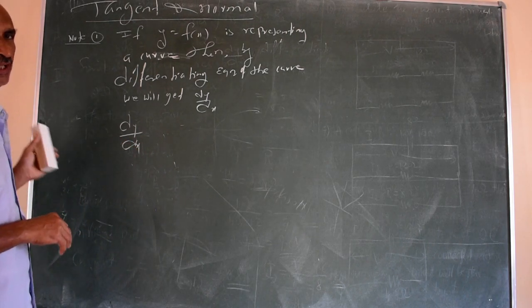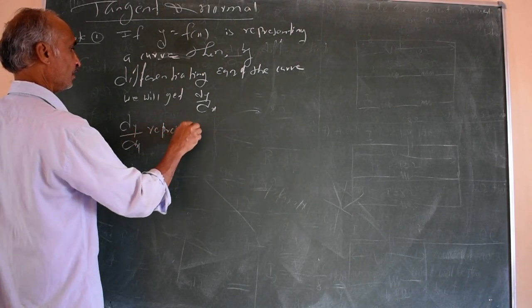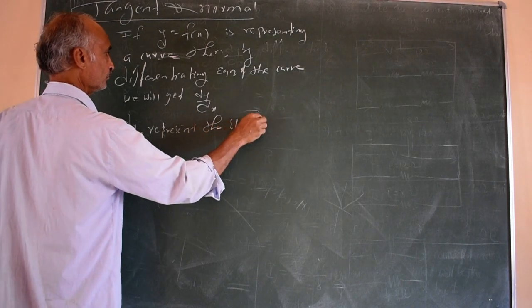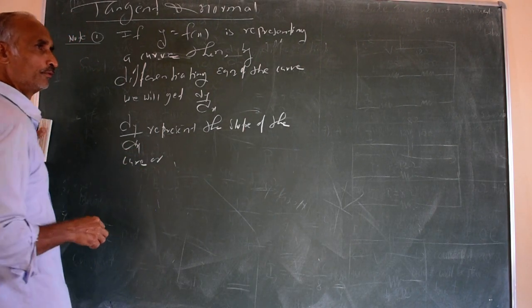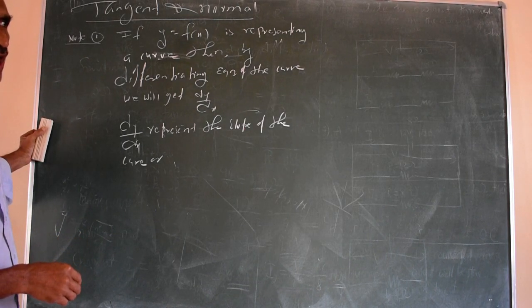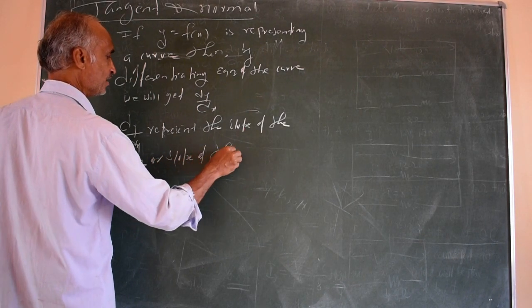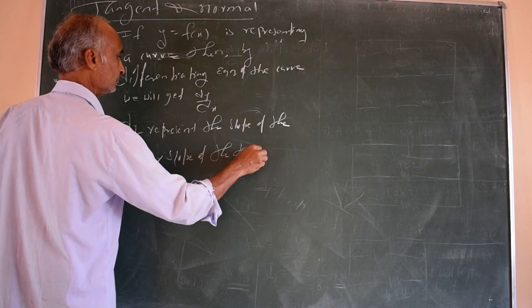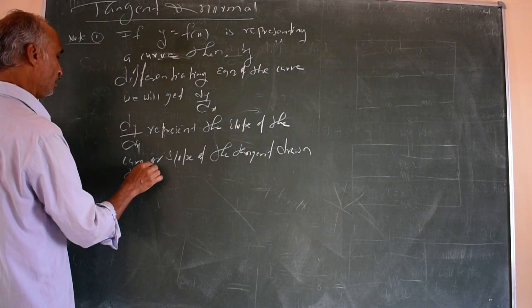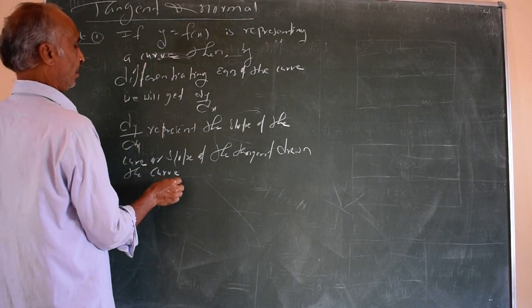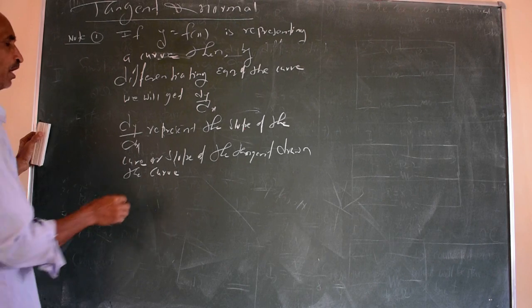This is the main point of this topic. dy by dx represents the slope of the curve, or the slope of the tangent drawn to the curve at the point P(x, y).